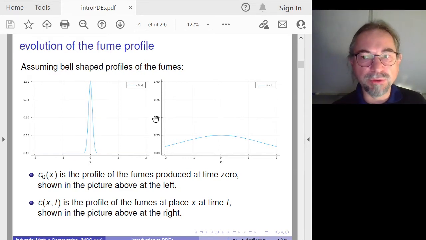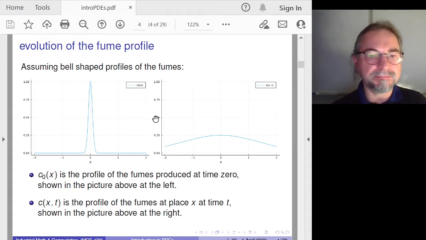So we will be looking for a function in two variables. This is where the difference with the ordinary differential equations arises. We have two independent variables, space and time. Space typically x, time typically t. Okay, so that is the problem.